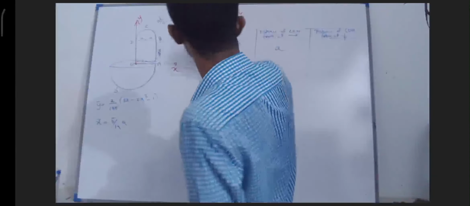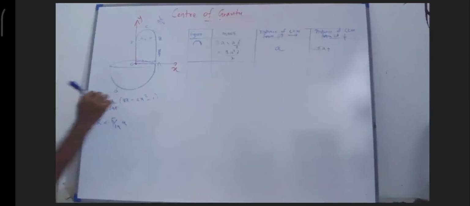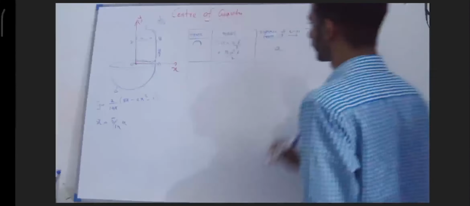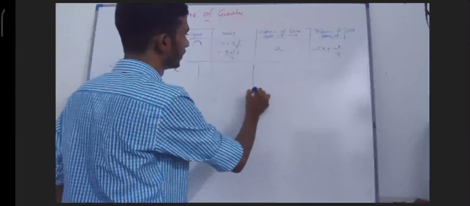So here the center of mass is 2a by pi. We have already proved this one. Now the second figure that I am going to take is this straight one.